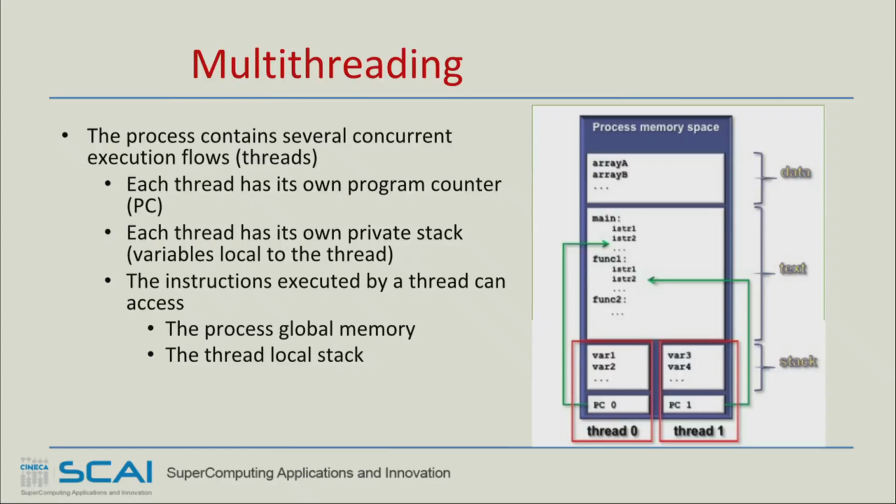So part of the stack is made private to the thread. And then the execution permits each thread to access the global memory. So in general, the thread is a way to execute the program flow in an independent manner, in which I can define a private part of the memory and a public part of the memory.